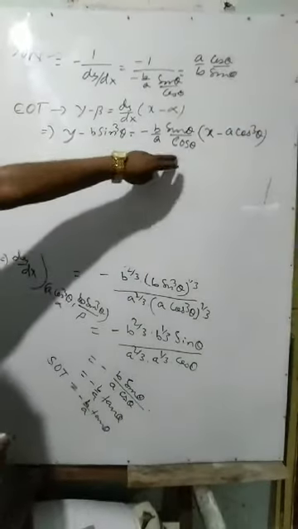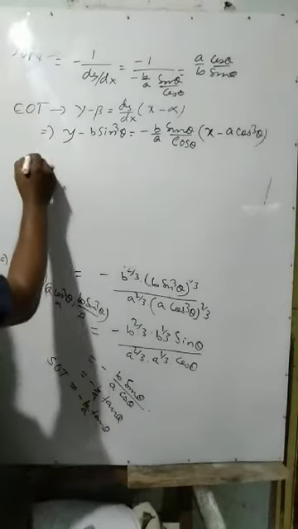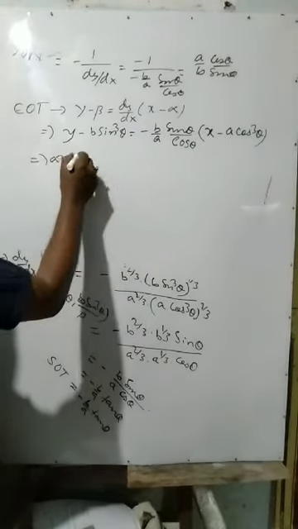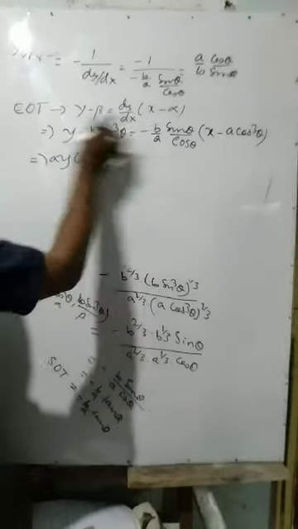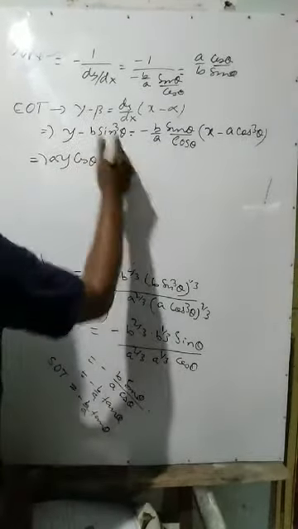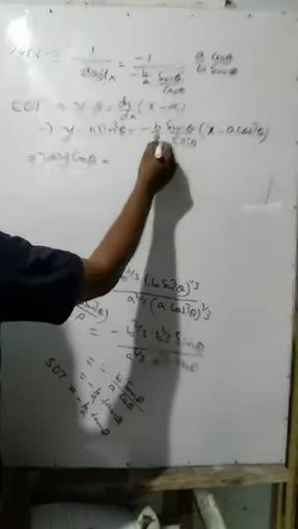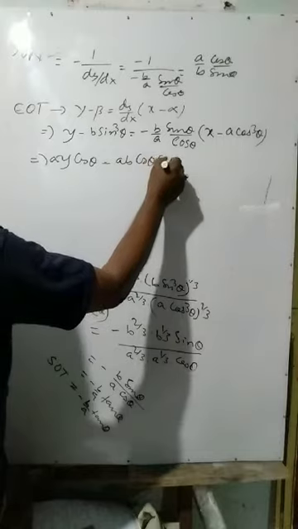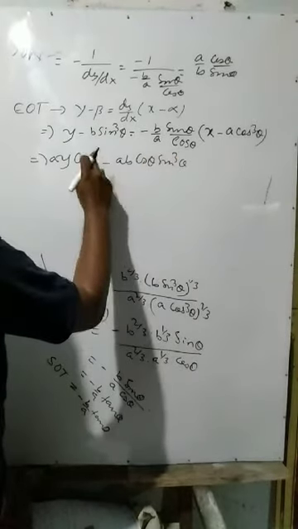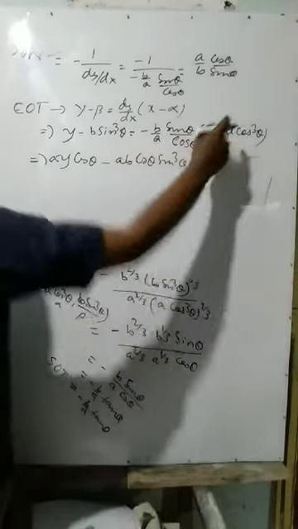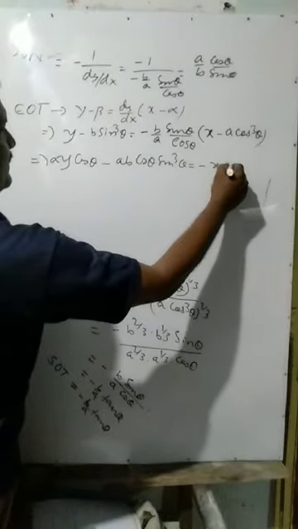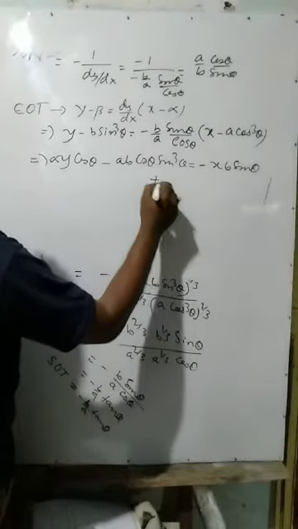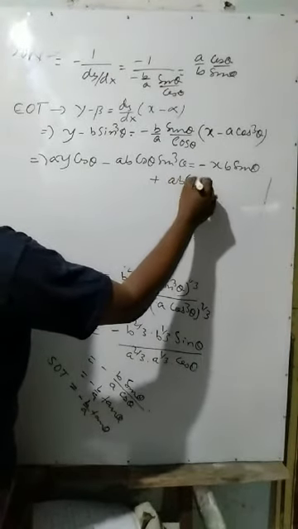Now you simplify. You multiply by cos theta on this side, then you get a cos theta into y, and multiplying this, a cos theta into b sin cube theta. Then you multiply this: minus xb sin theta, and plus ab cos cube theta sin theta.